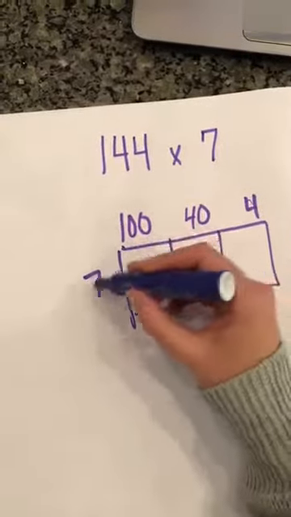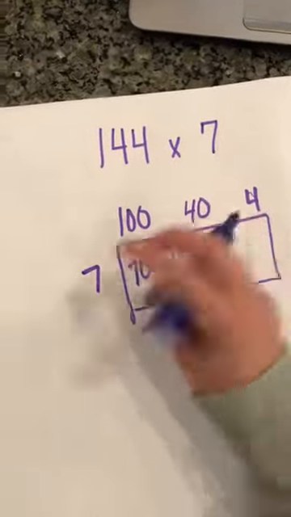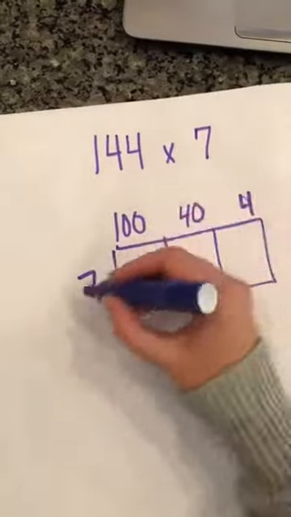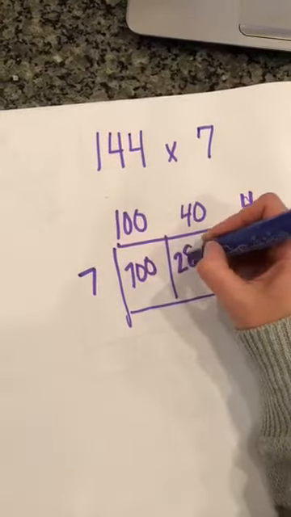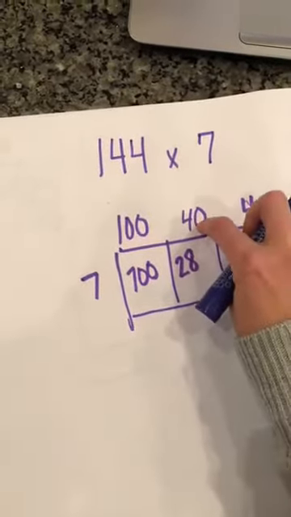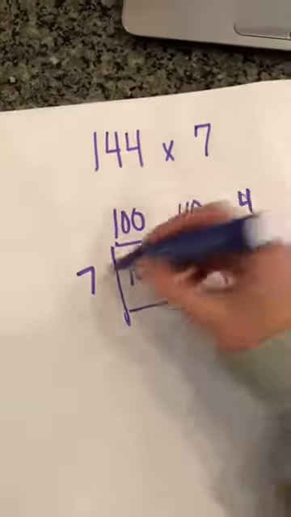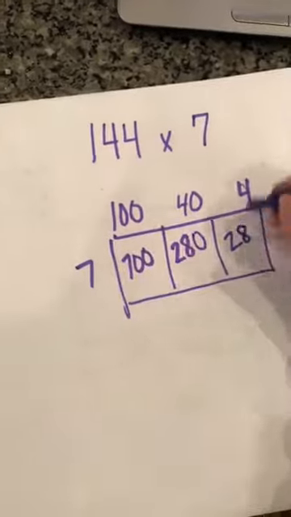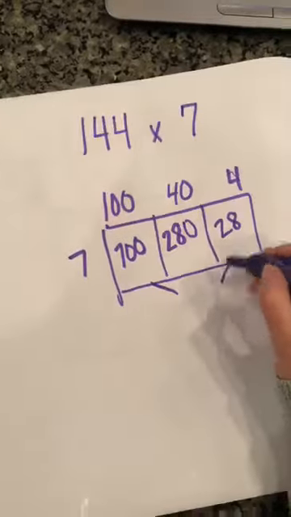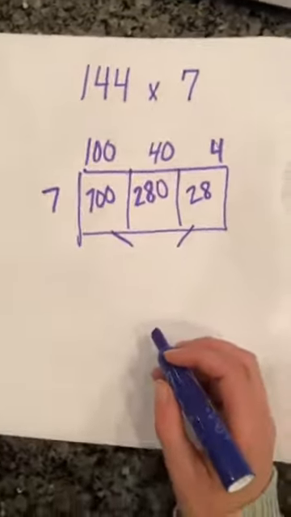So we have 7 groups of 100 or 100 sevens, which is 700. 40 groups of 7. So 4 times 7 is 28, but we have 40 of them. So it's 4 10s times 7, which is 28 10s. And 4 times 7 again, 28. Combine them all, and you get your total.